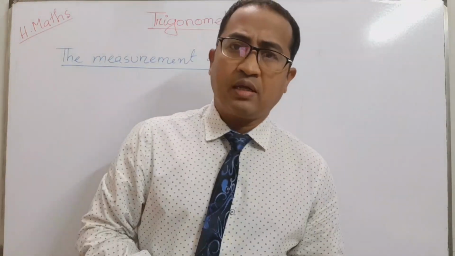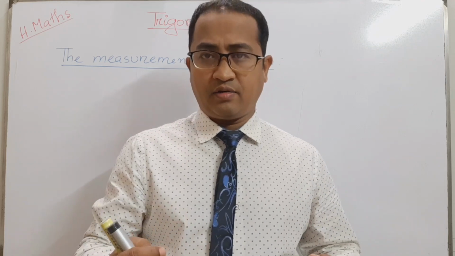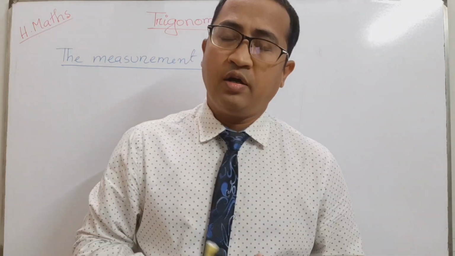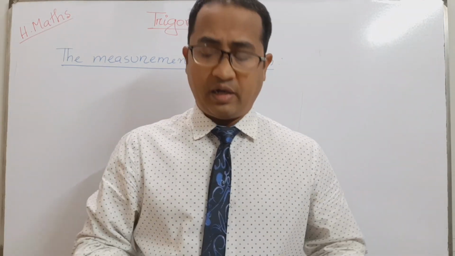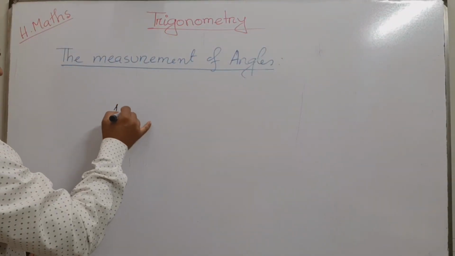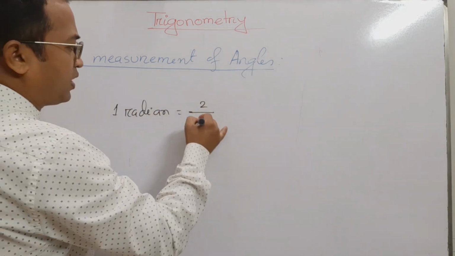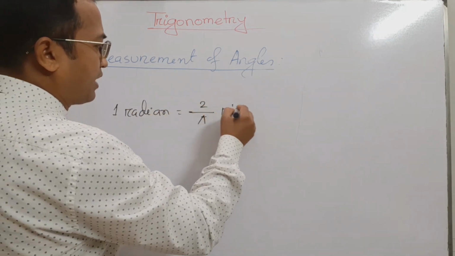Now you may think, what is the relation between the degree and the radian? Now I will show you the relation between the degree and radian. Actually, we know 1 radian is equal to 2 by pi right angle.